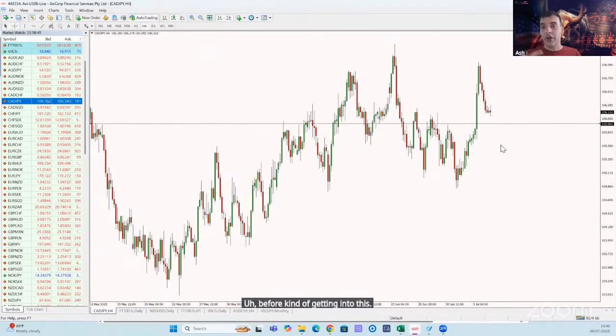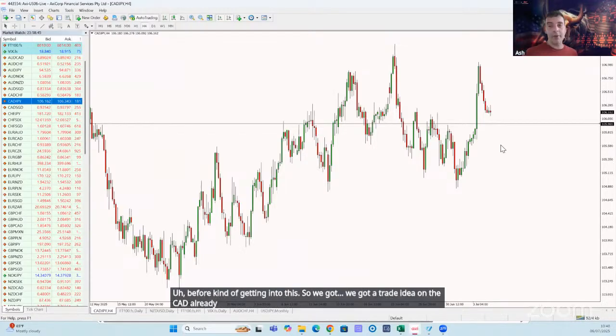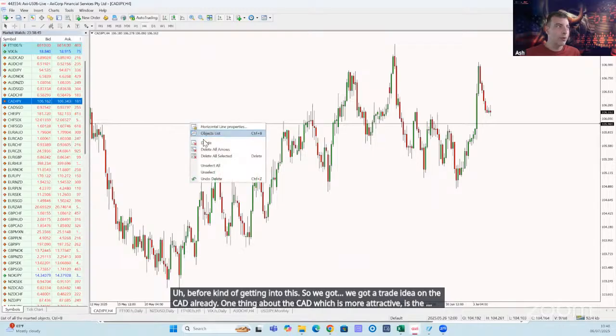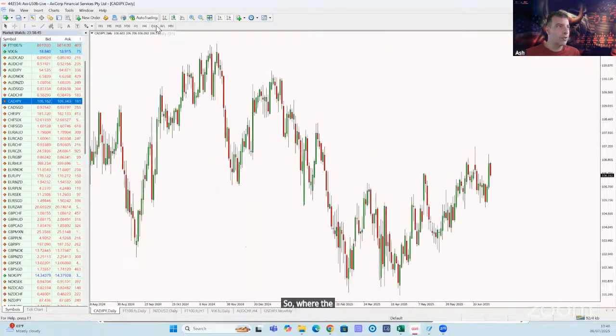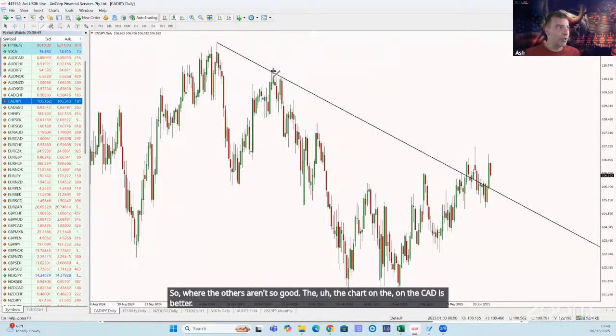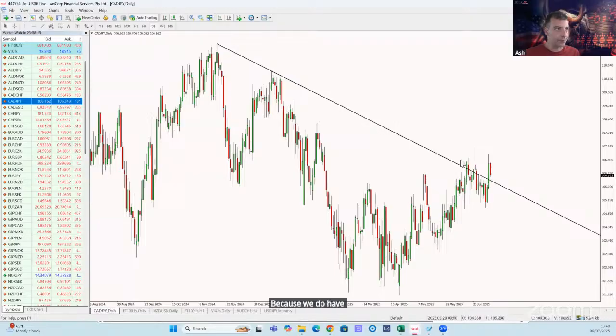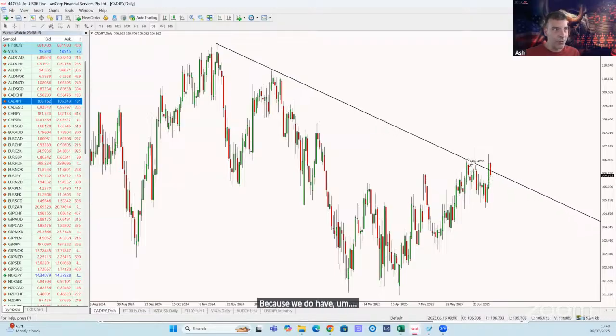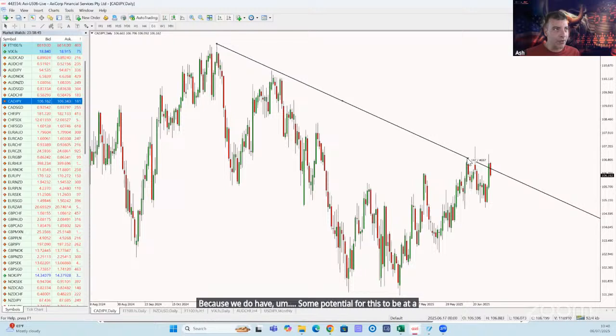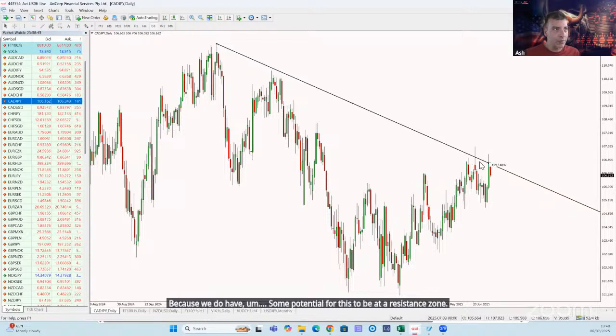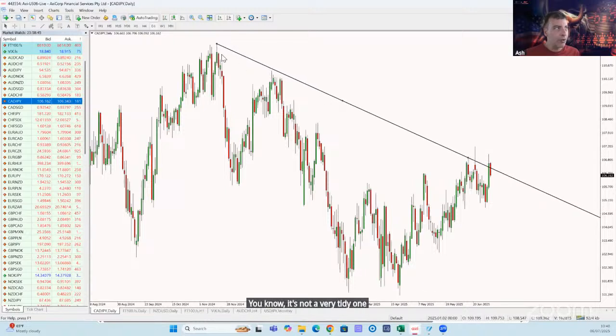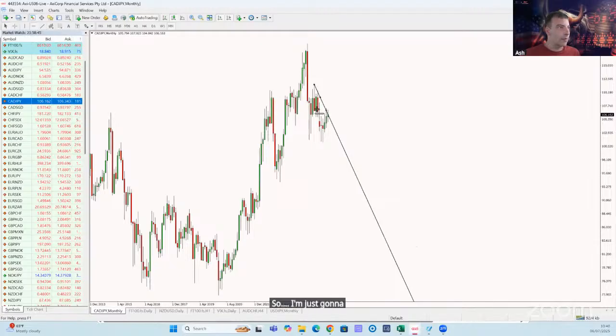So we got a trade idea on the CAD already. One thing about the CAD which is more attractive is the chart. So where the others aren't so good, the chart on the CAD is better because we do have some potential for this to be at a resistance zone. It's not a very tidy one, but it looks like we might well be at a resistance zone. Let me check, yeah, look at that.